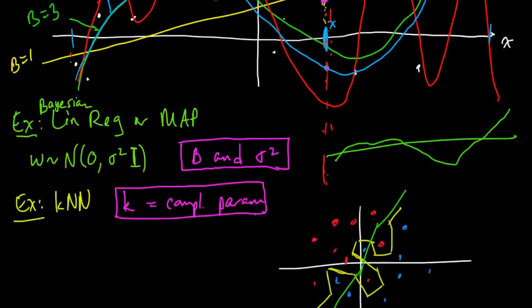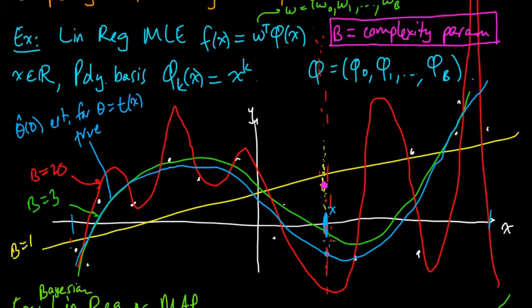Is the bias low? The bias will be low because, well, it may not be completely obvious to see, but since this model can fit the data very well, and the data is going to be sort of centered around this, then on average, even though these curves are crazy, they're going to be about the right value.